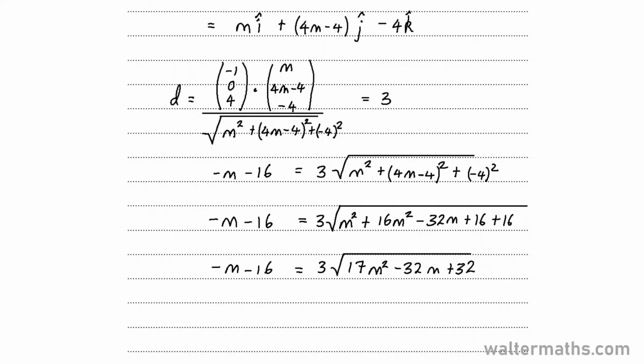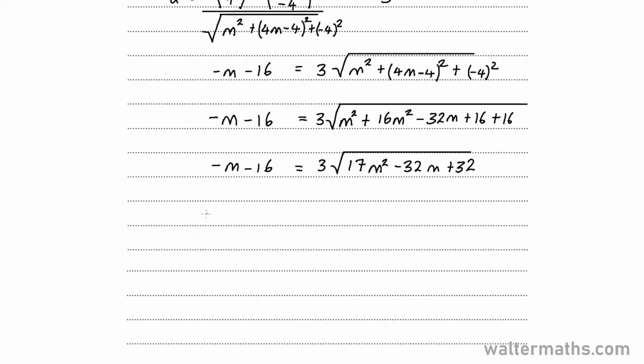So we can now square both sides. So if I square this side, I'll be having minus M minus 16 squared. And on the right side, 3 squared is 9. And if we square this radical, we'll be having 17M squared minus 32M plus 32.